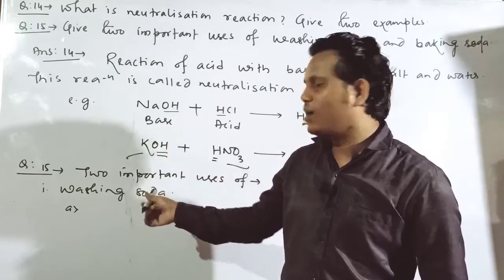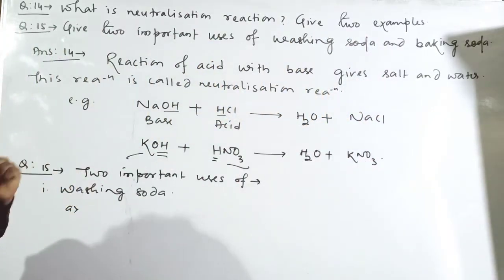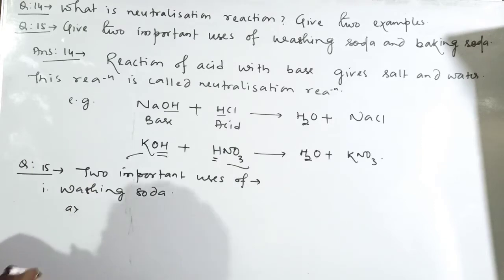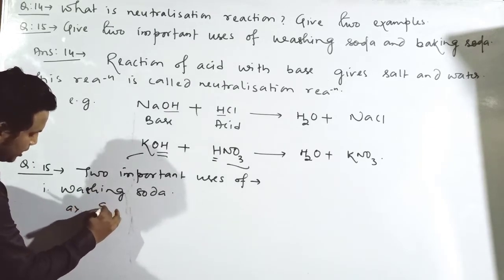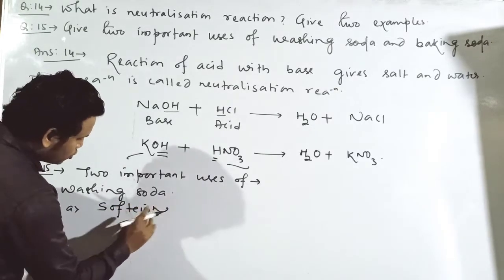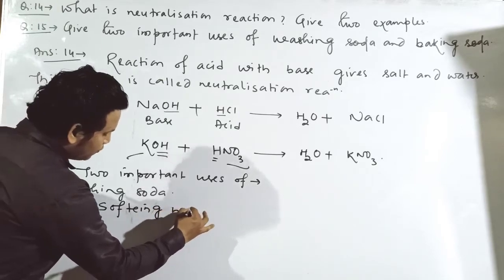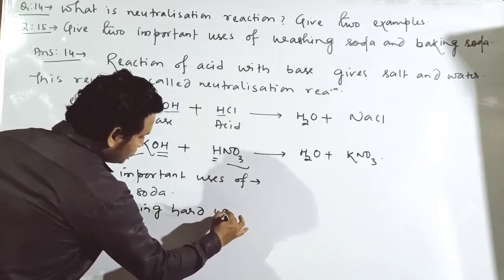That is washing soda. So that use you can write: softening hard water. So first, washing soda is used in softening hard water. So softening hard water, one use.